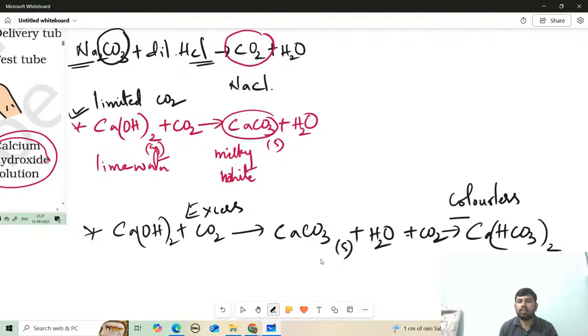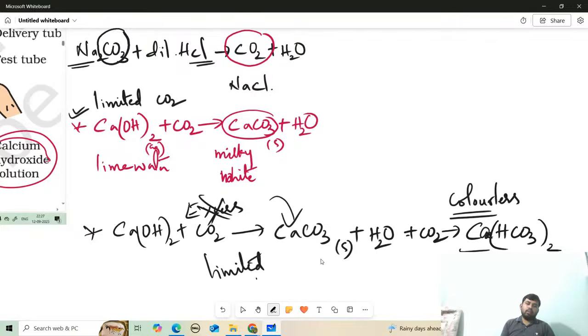This is available in the aqueous state only. Calcium hydrogen carbonate will be formed. With a limited supply of CO2, it forms CaCO3; I'll write here limited CO2. This is the result. Excess CO2, this is the result.